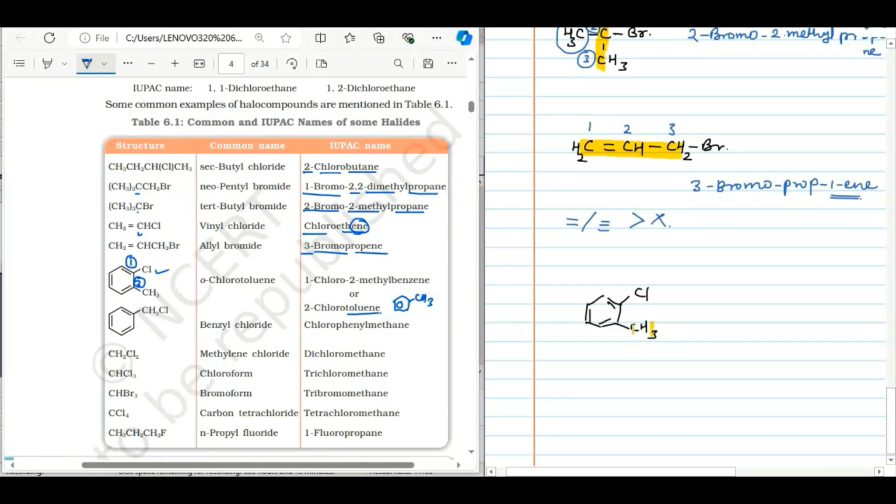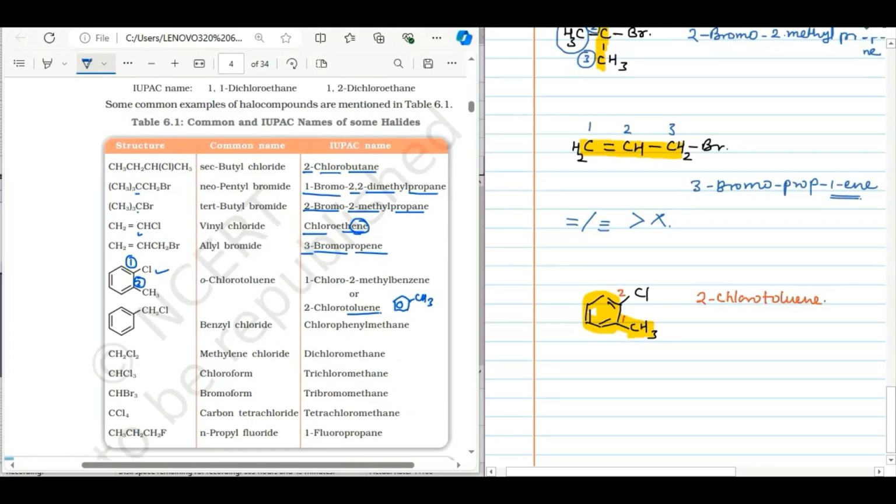So as I told you, CH3 bonded to benzene ring is toluene. So here you have to number from CH3. So here you will get 1 and this is 2. In case of toluene, Cl will get the second number. So when you write the name in the form of toluene, you have to write 2-chlorotoluene.